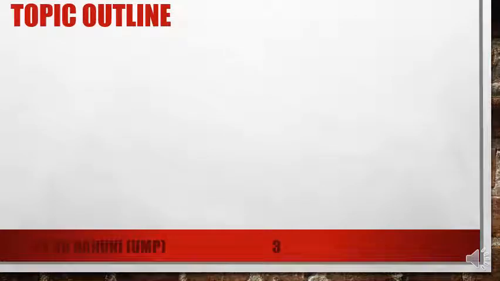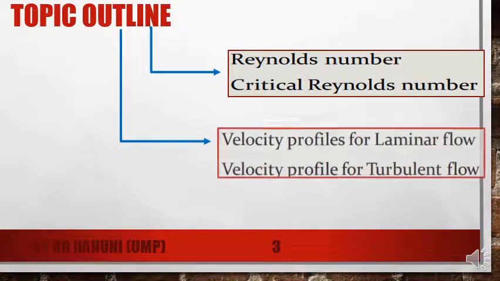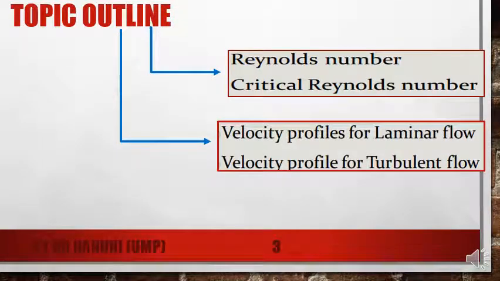Here is the topic outline available in this chapter. I have divided it into three main parts. The first one is we will discuss what the Reynolds number is and how we can use this parameter to categorize the flow. The second part is we will learn about the velocity profiles for two types of flow, laminar flow and turbulent flow.